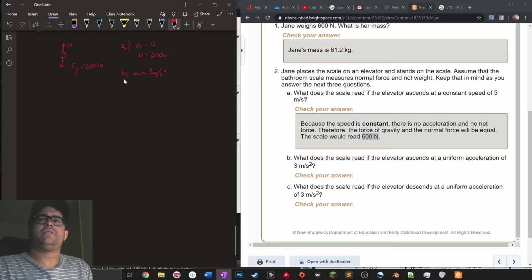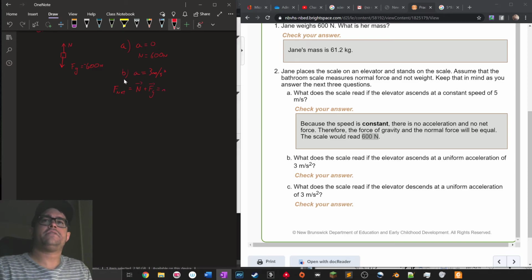In this case, if we do the F net, or the sum of the forces in Y, by the way, this is more of a 12th grade language. So the net force is the normal force plus Fg. The net force is the result.